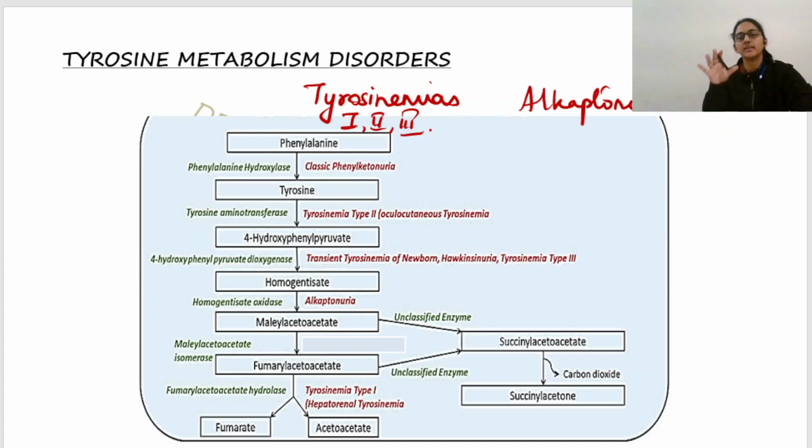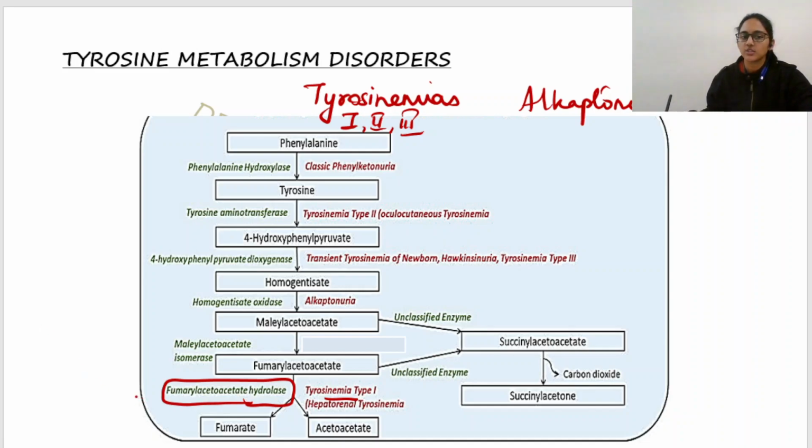Type 1 tyrosinemia is due to deficiency of the last enzyme of the pathway. I'll tell you a few points related to these tyrosinemias and alkaptonuria, after which we will learn the same with the help of a case. Tyrosinemia type 1 is due to fumarylacetoacetate hydrolase deficiency, the enzyme of the last reaction of this pathway.